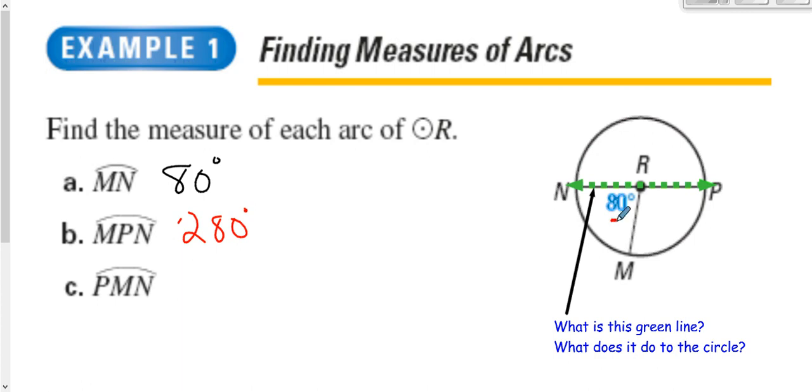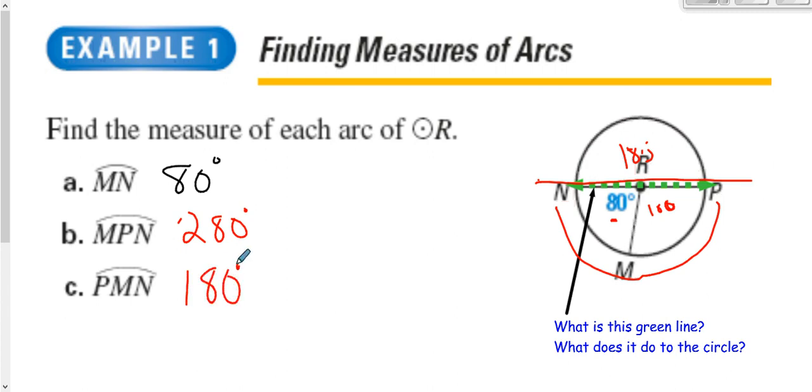So if we know this is 80 on the left-hand side here, that part on the right would be 100 degrees. So we have 180 here, and then this part above on the top would also be 180. So arc PMN, from P to M to N, is just going to be that half of a circle, so that would be 180 degrees as well.